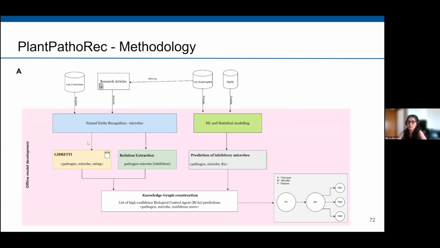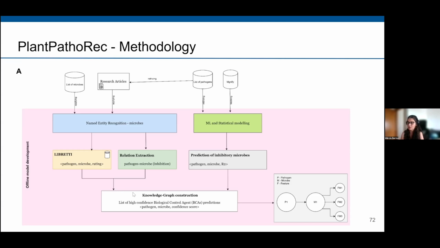And then we created, using this methodology here, the pathogen-microbe rating data set and a lot more information extracted from the literature. And then we use relation extraction methods to extract the relation between the pathogen and the microbe that are in these research articles. So in this case, I'm using as users the pathogens and as items the microbes, and my rating would be just whether a specific microbe inhibits or not a specific pathogen.